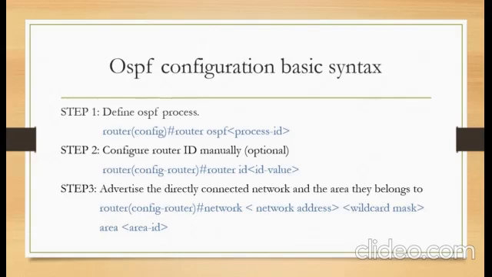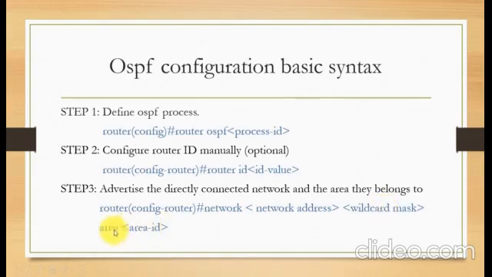Step 3 is to advertise the directly connected networks and the area they belong to. Here we give the directly connected network address and the wildcard mask. The wildcard mask is used to specify the range of network addresses. Generally, the wildcard mask is the inverse of the subnet mask.